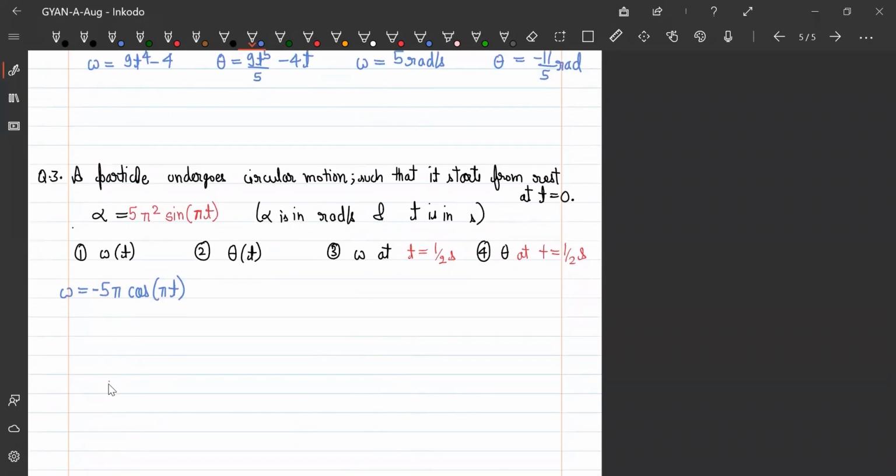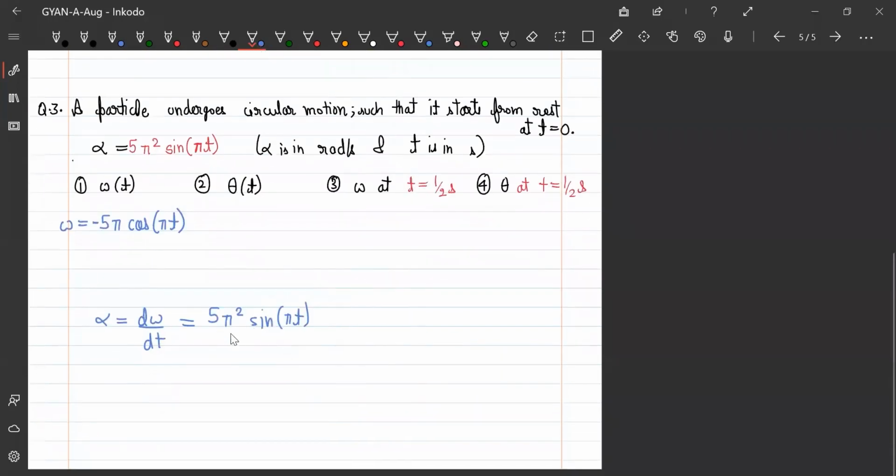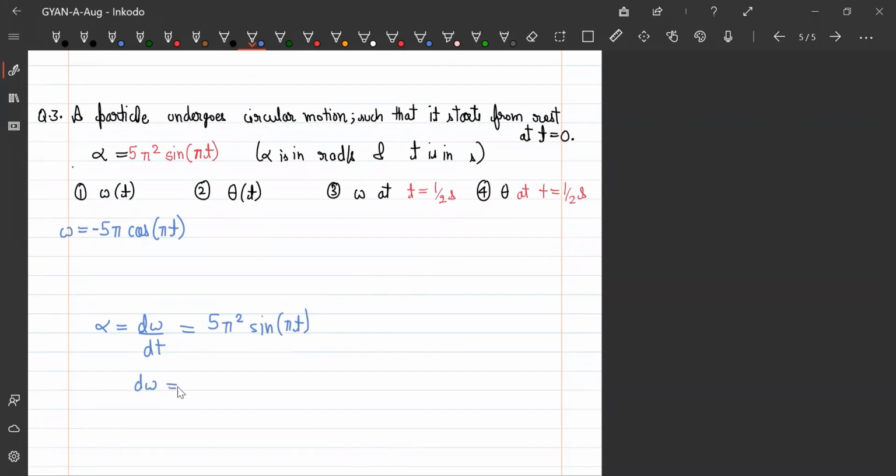I'll do the first thing. अल्फा को लिखेंगे d omega by dt, so that will be 5 pi square sin pi t. So d omega will be 5 pi square sin pi t multiplied by dt. इसको इंटीग्रेट करना है, ओमेगा इज वैरिंग फ्रॉम 0 टाइम टू t.